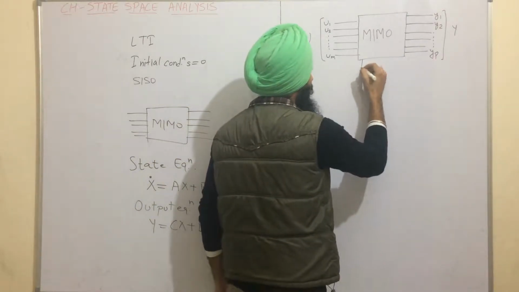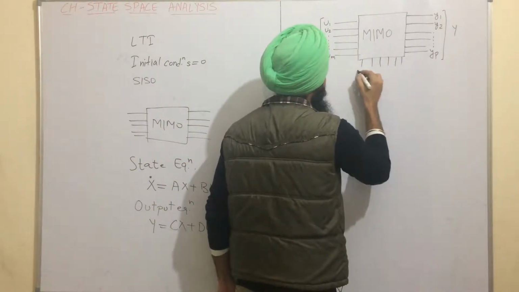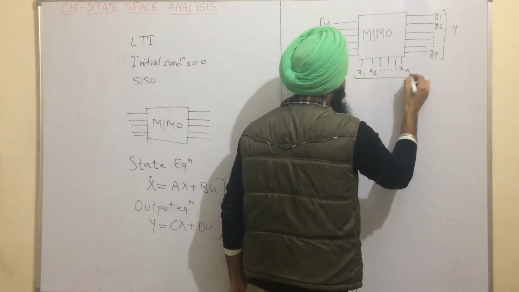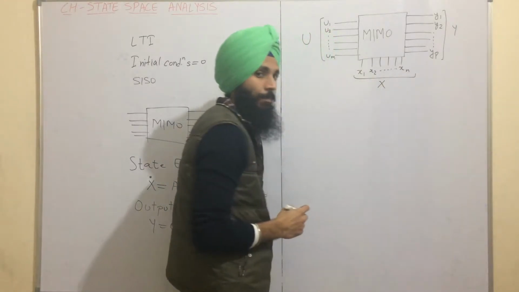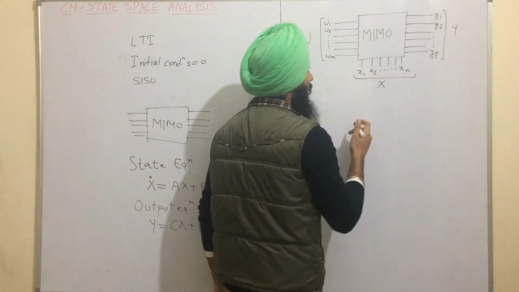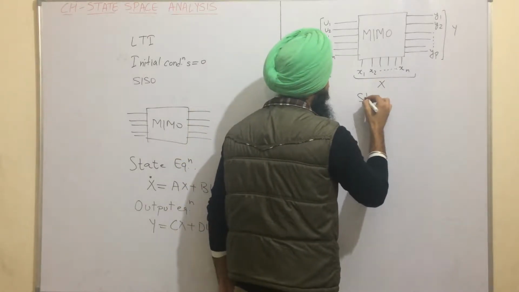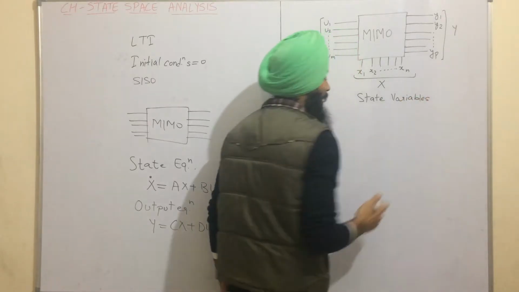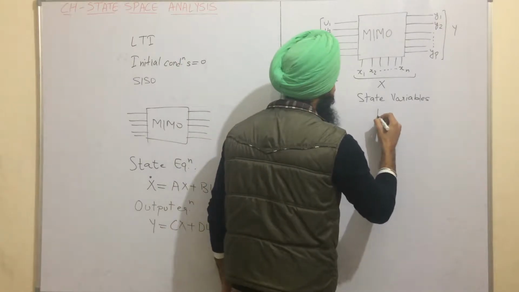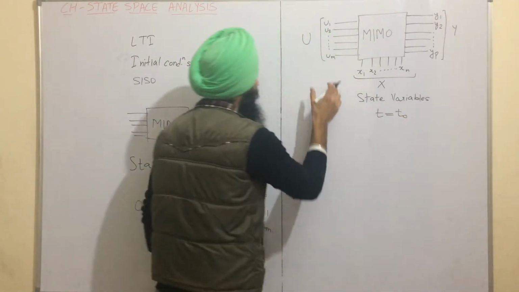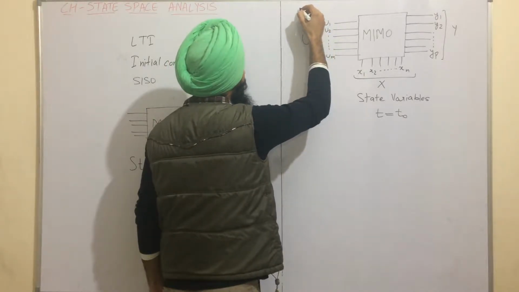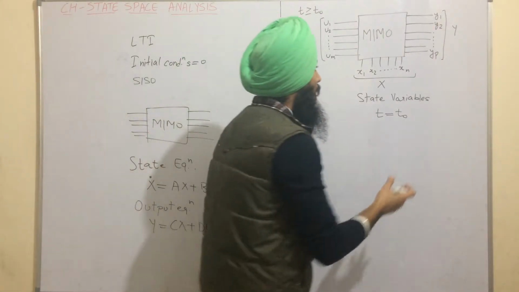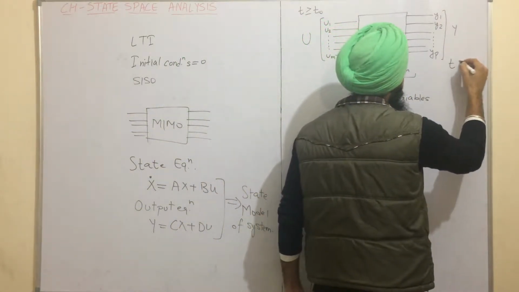We have another set of variables over here, x1, x2 up to xn. Combined, this set is known as x. These variables are known as the state variables. If we have the knowledge of these state variables at time t equal to t naught, and the knowledge of these input variables for time t greater than or equal to t naught, we can find the value of all these output variables for time t greater than t naught.